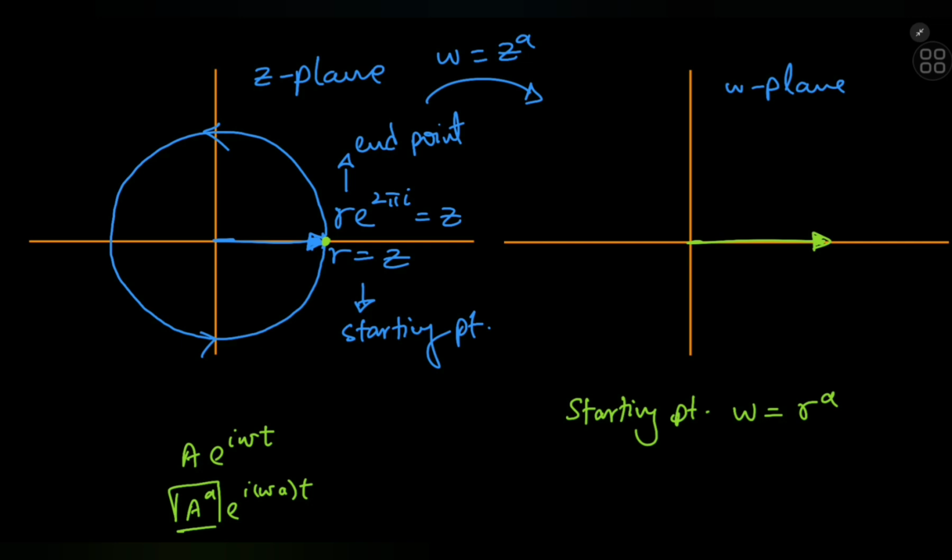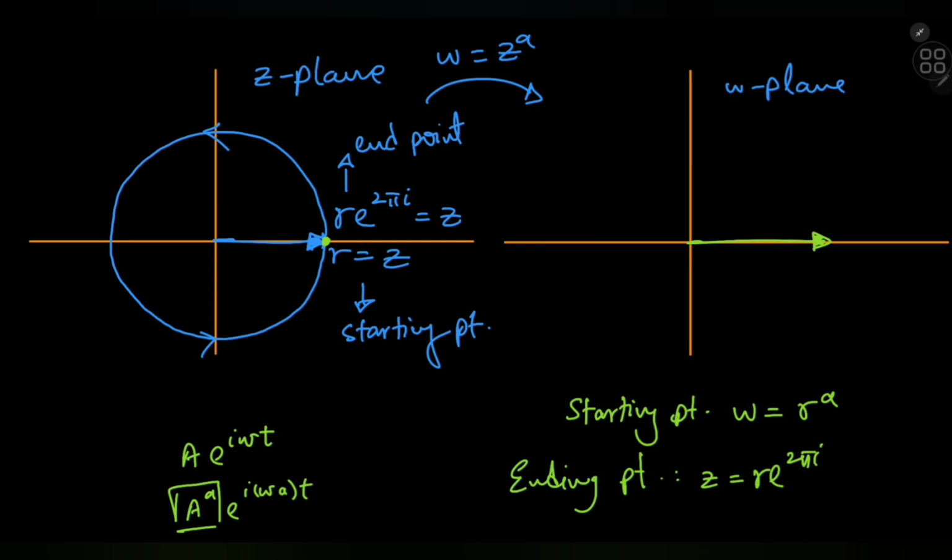So that means your ending point in the z-plane, z equal to r times e to the 2 pi i, gets mapped onto w equals r to the a times e to the 2 pi i a.